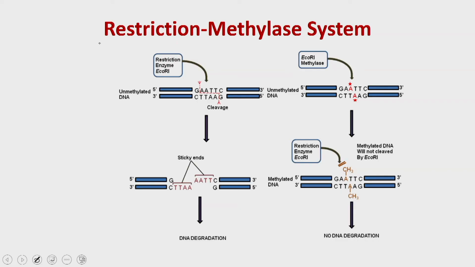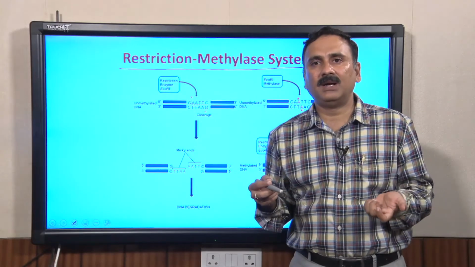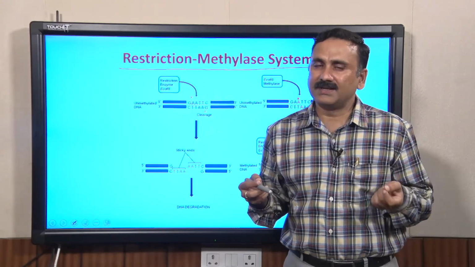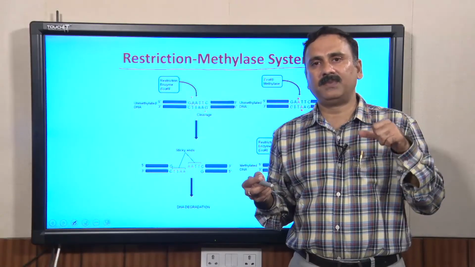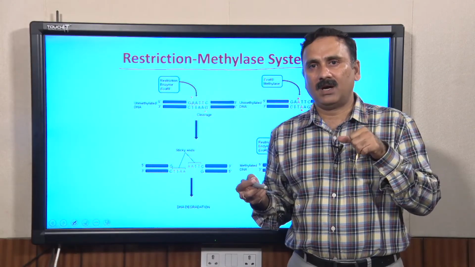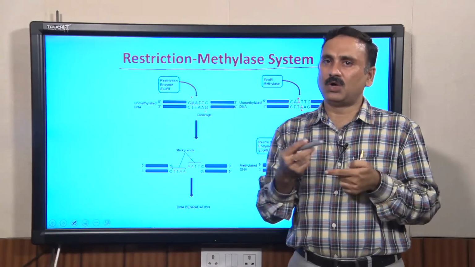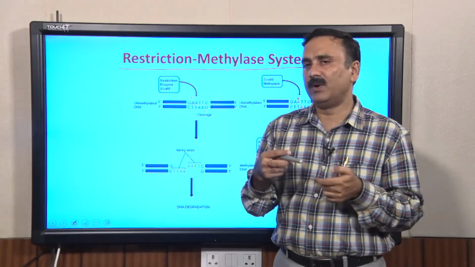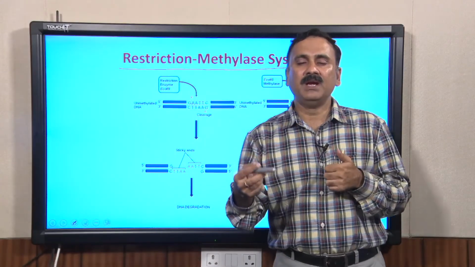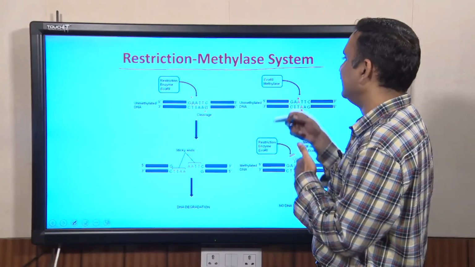So, the restriction methylase system is like an immune system. It helps the bacteria or the prokaryotic cells to understand whether the particular DNA belongs to them or to other organisms. If it belongs to another organism, it is not going to be methylated, whereas if it belongs to them, it is going to be methylated, and that is how they have the restriction methylase system.